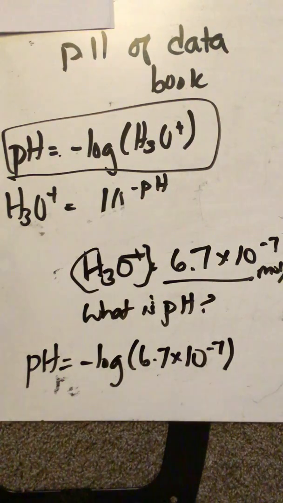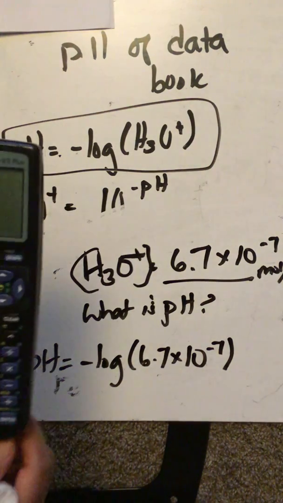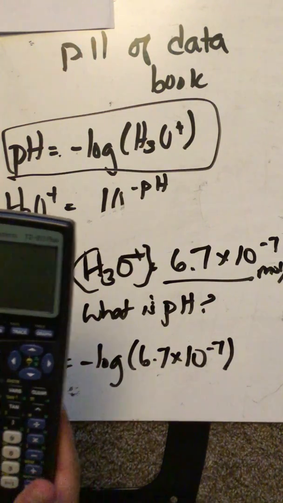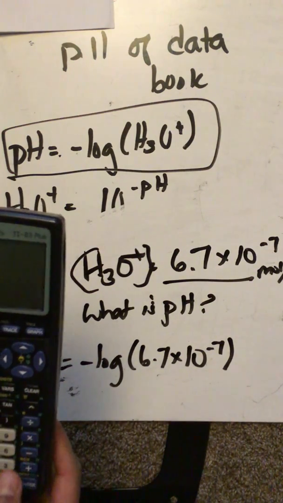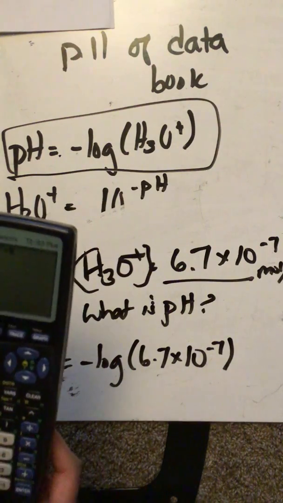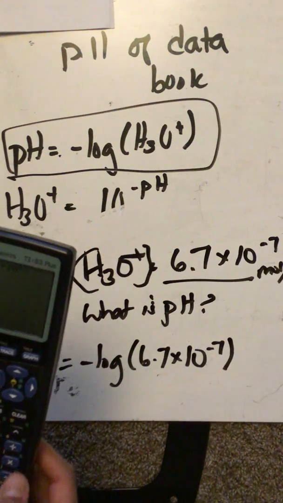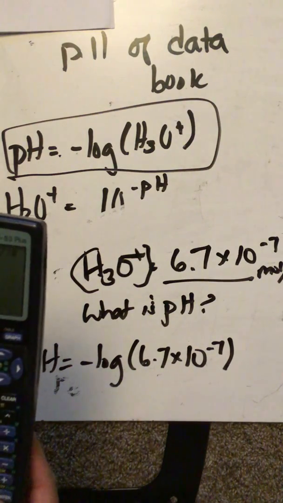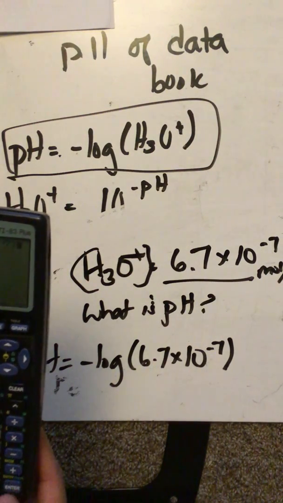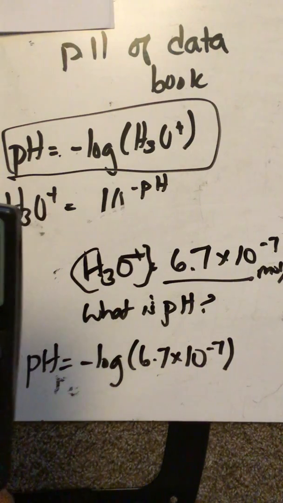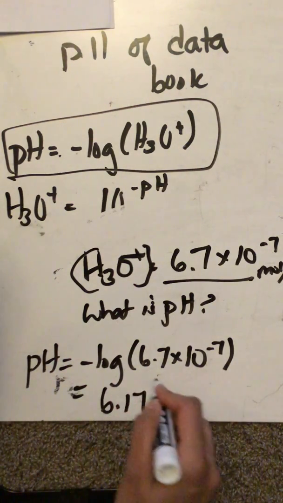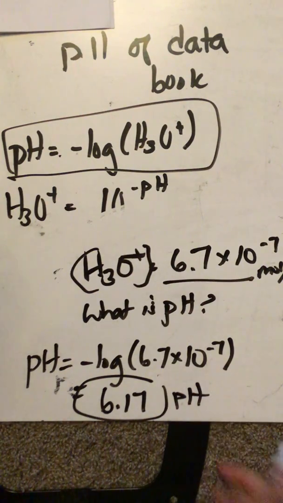So I put that in: negative log of 6.7 times 10 to the negative 7. And what do I get? The answer is 6.17. That's my pH.